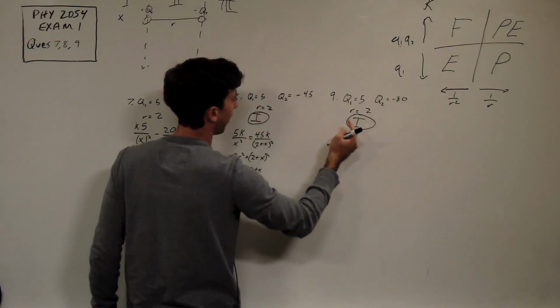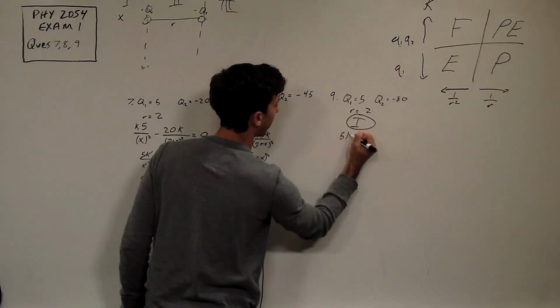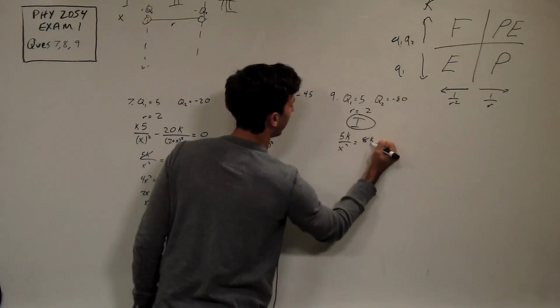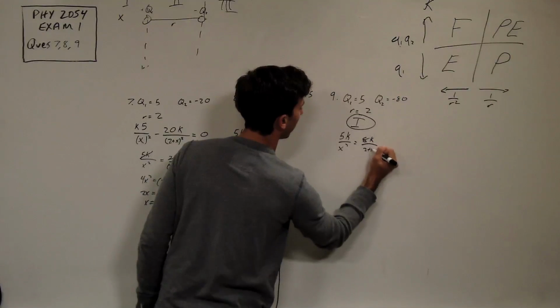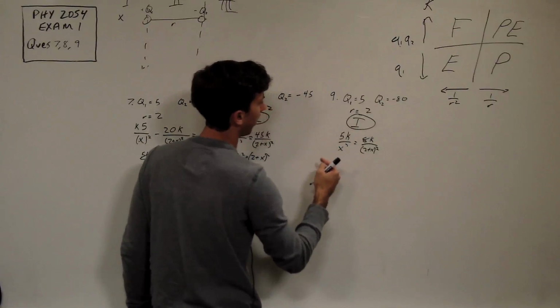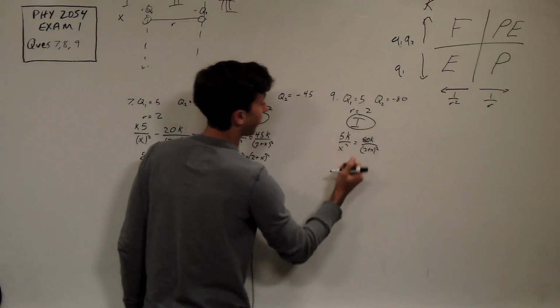Now, once again, we plug it into the equation and we get 5k over x squared is equal to 80k over 2 plus x squared. Simplify this.